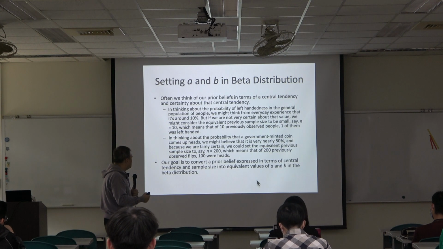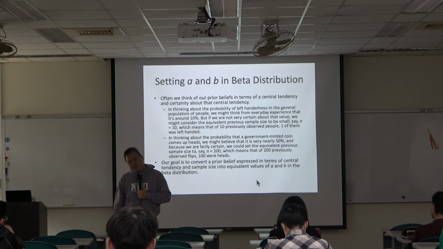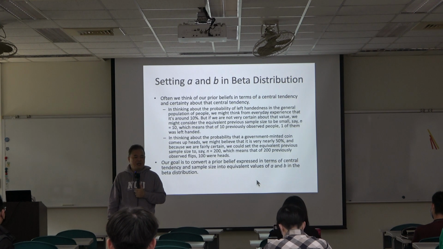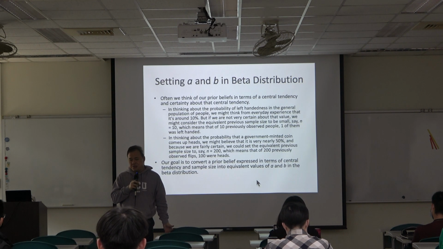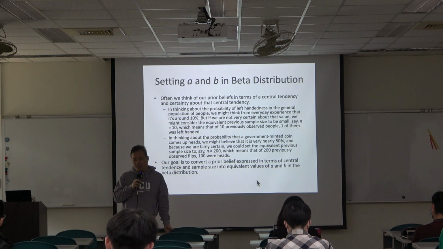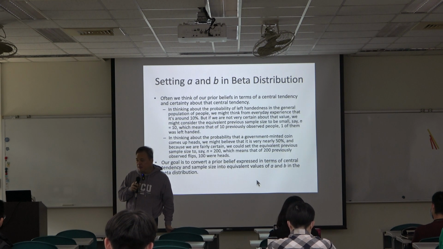In this case, because it's fair, you have half of them to be A and half of them to be B. Or let me put it this way: you can consider A, or alpha, to be the number of flips that come up heads, and B, or beta, to be the number of flips that come up tails.